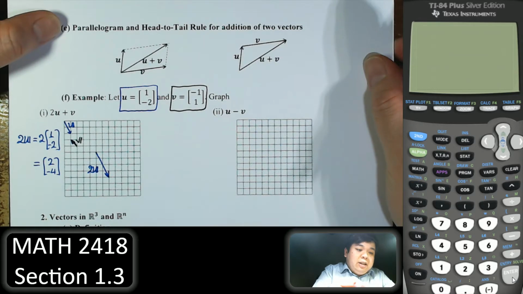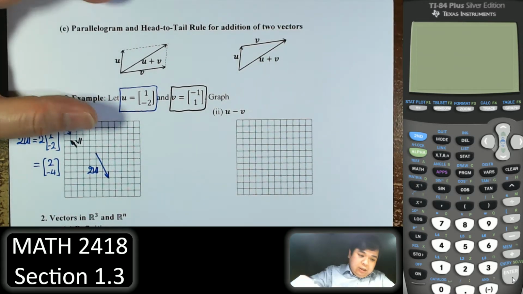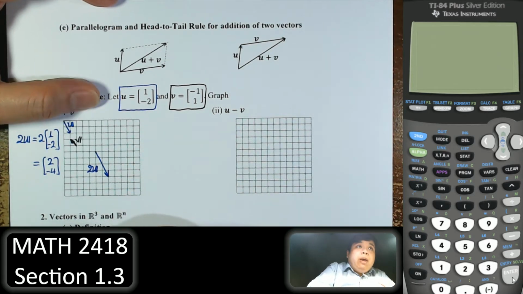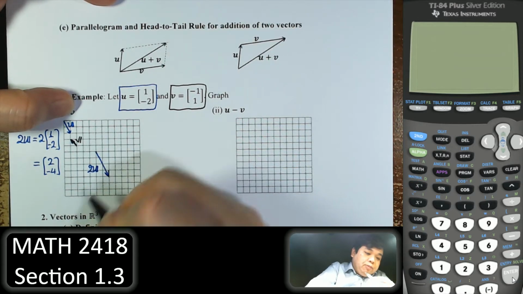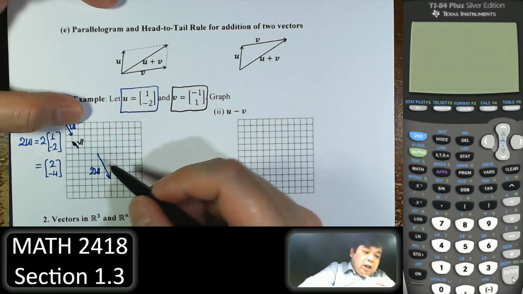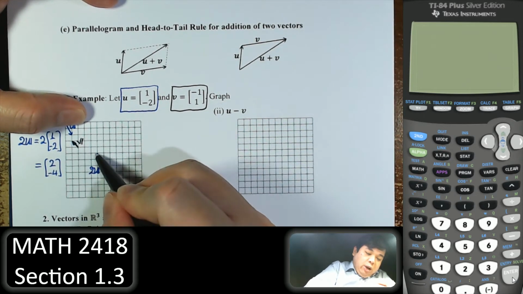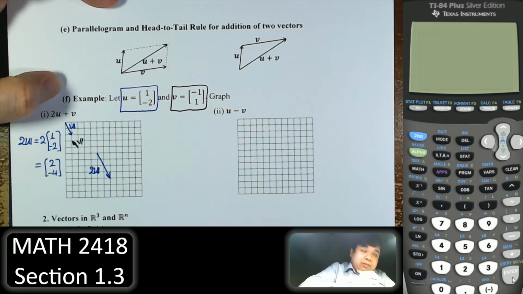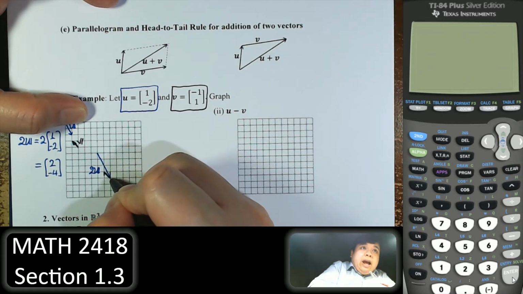And then vector v is -1 and 1. If we want to add 2u, which is this, and then add the vector v, from this point we just draw using the head-to-tail method, for example. So we have the first vector 2u is this. Then just draw the vector v starting at the head of the vector 2u.